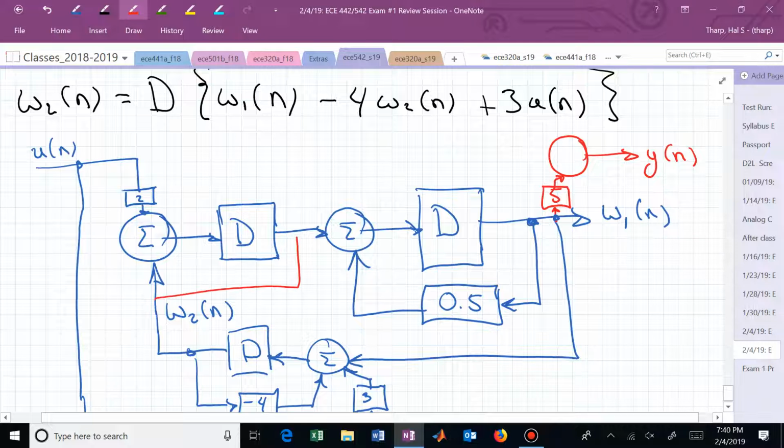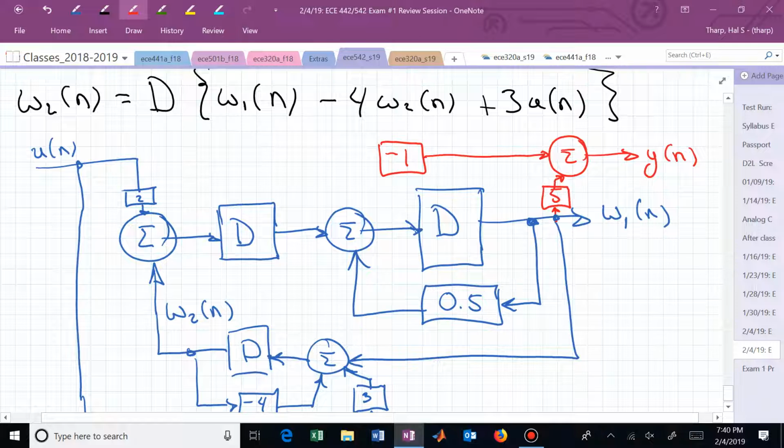So now I come up here. Maybe what I want to do is scale that by minus 1 so I don't have to have signs on my inputs to summing junctions.